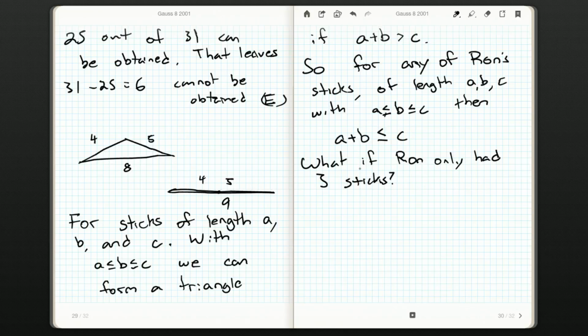Let's make it a little easier. What if Ron only had 1 stick? Well, if he had 1 stick, it's got to have positive integer length. So the shortest that 1 stick can be is 1. Okay, what if Ron had 2 sticks?